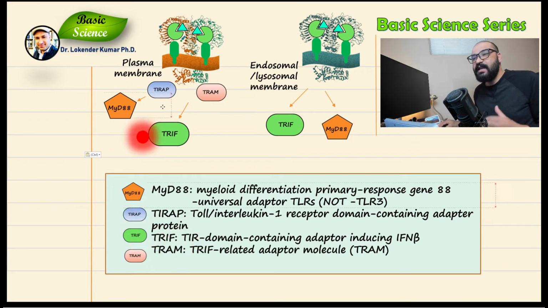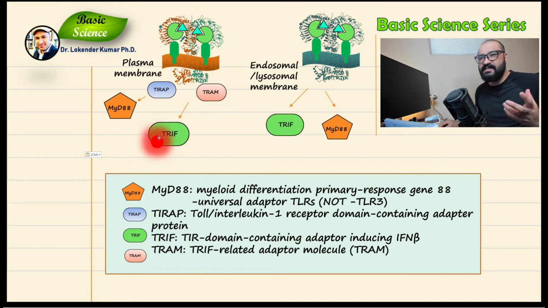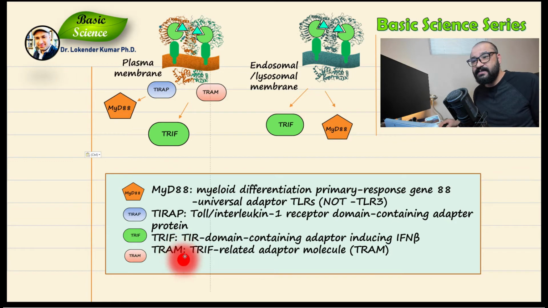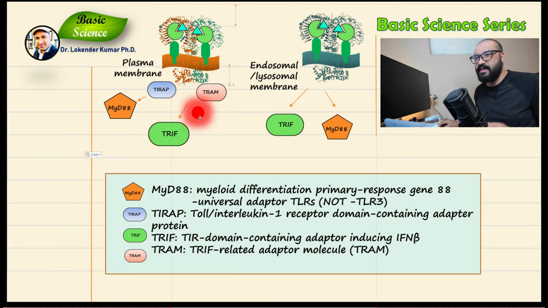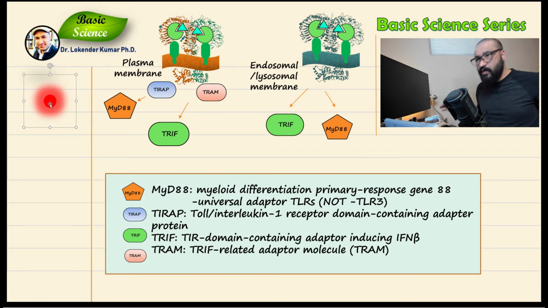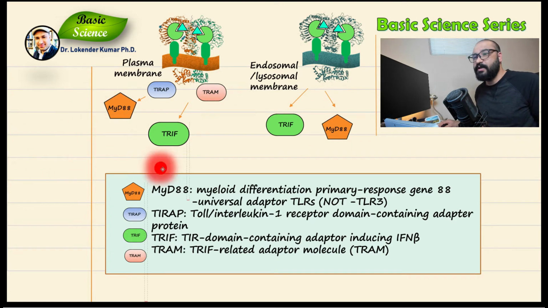The next protein which helps in the activation of TRIF is TRAM, the TRIF-related adapter molecule, because it is related to the TRIF pathways. They have long names, but try to remember these proteins because they are important when there is a question related to TLR signaling pathways. What are the proteins involved in the MYD88 or TRIF pathways?